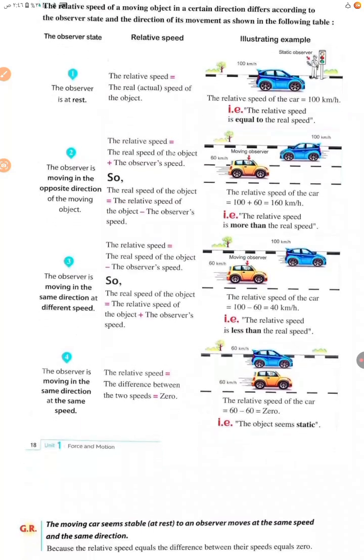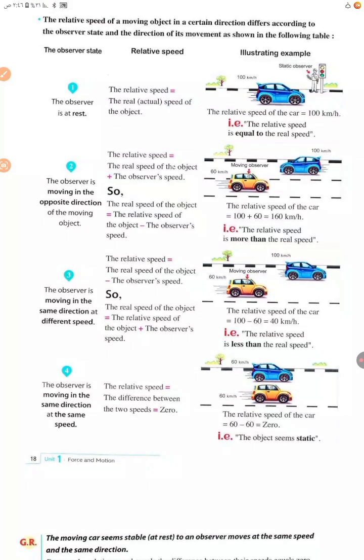Second case: the observer is moving in the opposite direction of the moving object. The relative speed equals the real speed of the object plus the observer's speed.